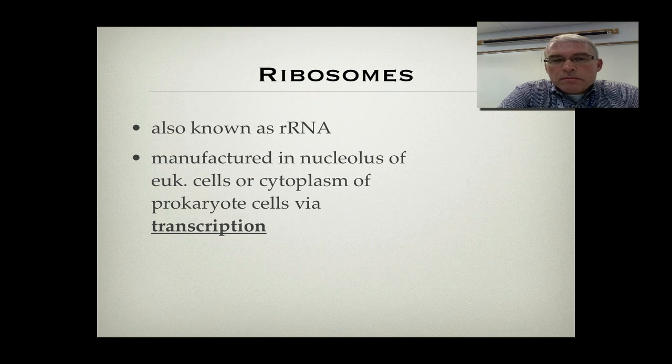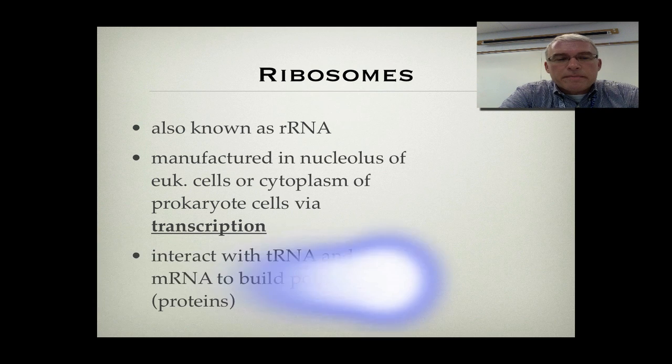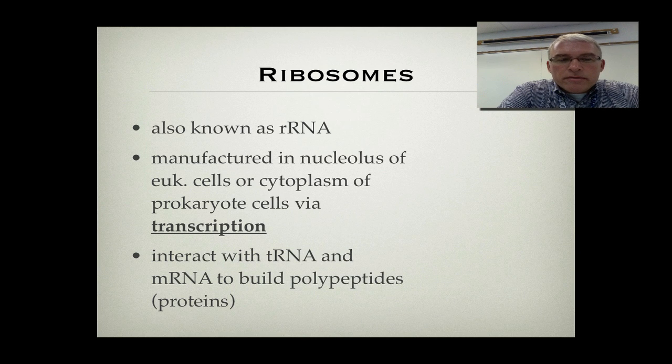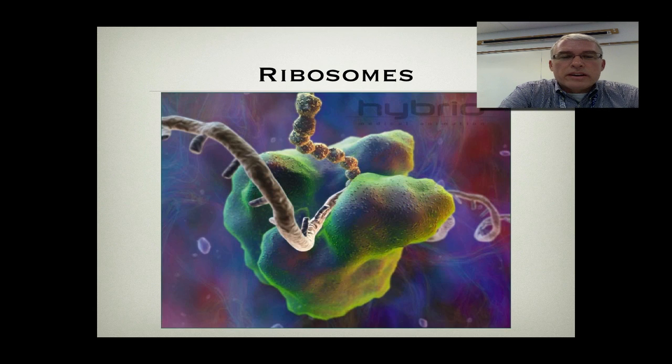It's not going to become messenger RNA or tRNA. And the job of ribosomal RNA is to interact with transfer RNA and messenger RNA, which you might remember from biology. All three types of RNA combine to work together to build polypeptides, which are proteins when they get folded up properly. So let's look at a picture of this.